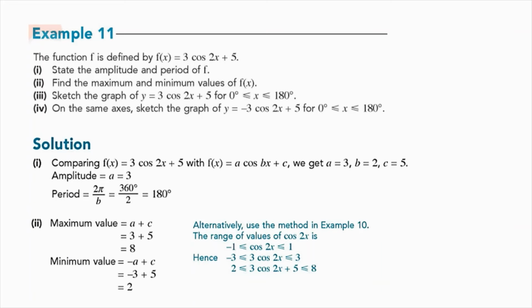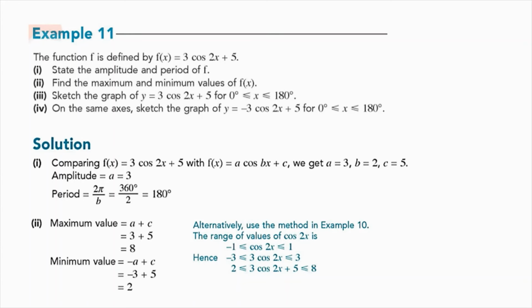Example 11, the function f is defined by f(x) equals 3 cosine 2x plus 5. State the amplitude and the period of f. Find the maximum and the minimum value of f(x), sketch the graph, and on the same axis, sketch the graph of y equals -3 cosine 2x plus 5.